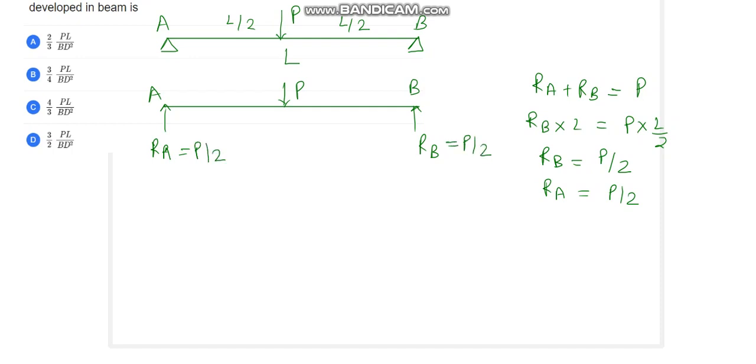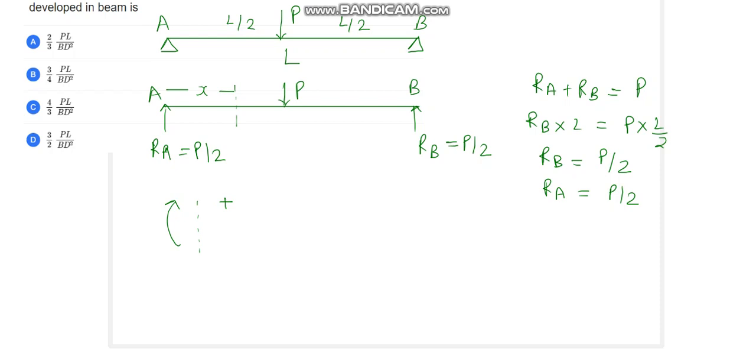Now if we draw the bending moment diagram for this beam, first of all we have to find out the bending moment at any location x from this point A. So if we draw a location x from here, and taking the sign convention across the span of the beam at any cross section, if the moment is sagging towards the left, it is taken as positive. So we can write the bending moment along the span at any location x.